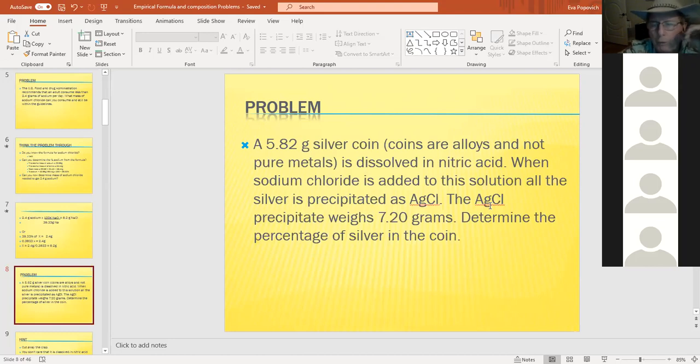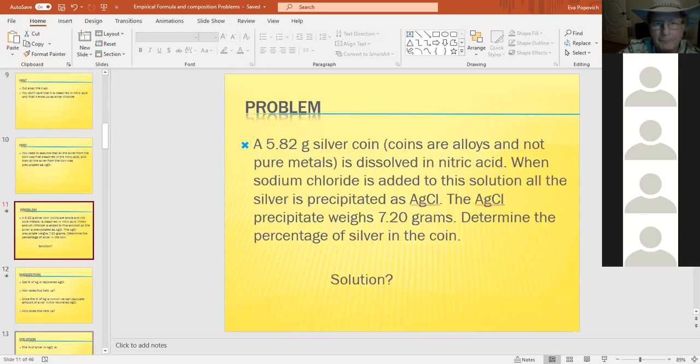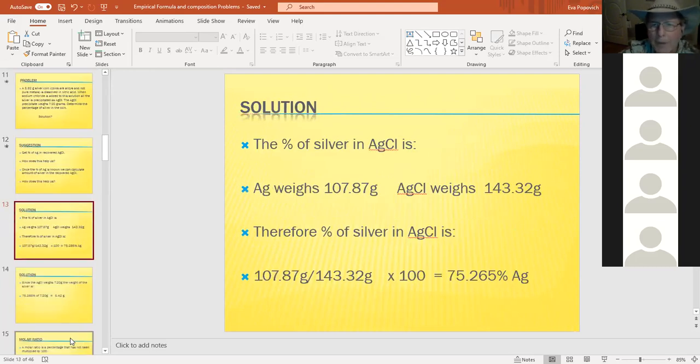Something like that. 142. Okay, so if we know that, then we could just divide the weight of silver by that, and that would get you your number once it's multiplied by 100. So that's a percent. All right, are you seeing the slide I have up here?